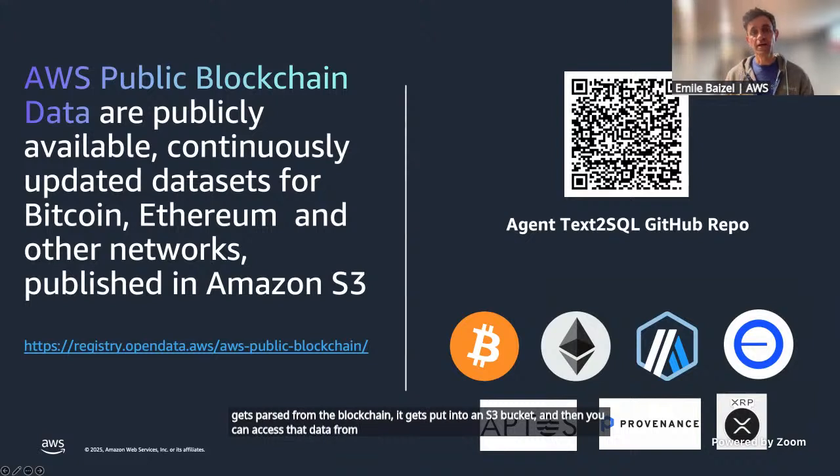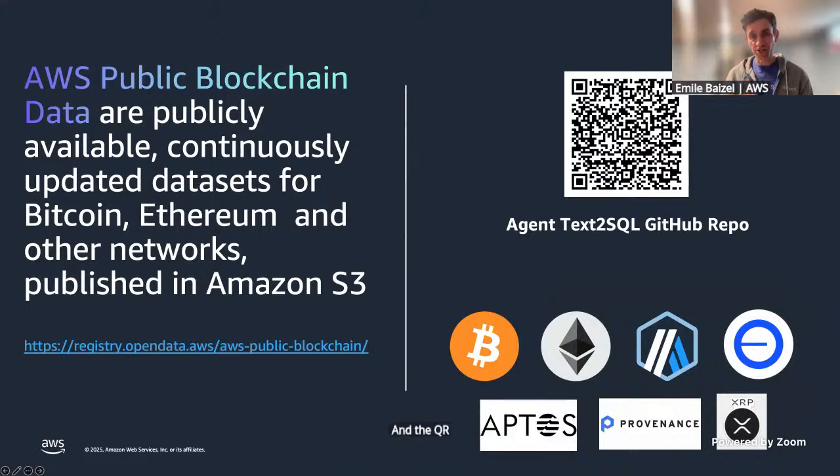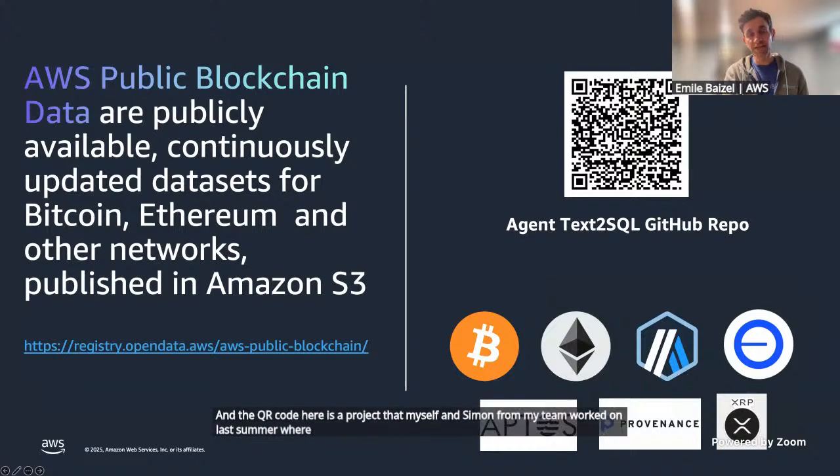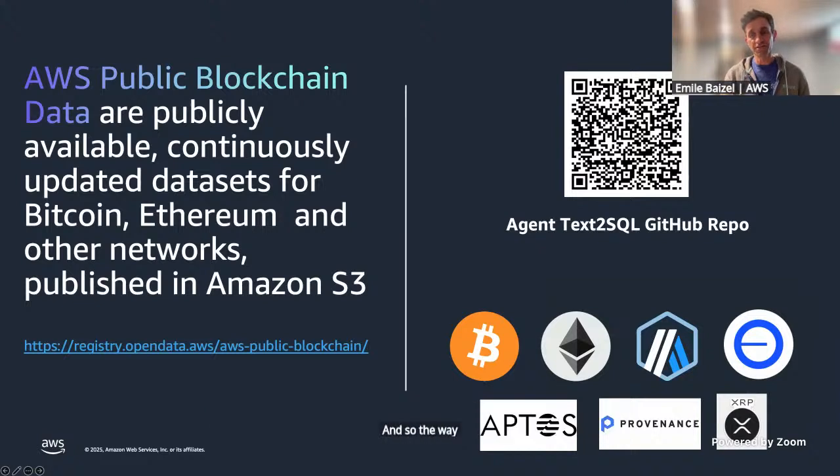and then you can access that data from your application. The QR code here is a project that Simon from my team and I worked on last summer, where it's essentially a text to SQL querying of this data. The way that works is you get your prompt from the user, your LLM.